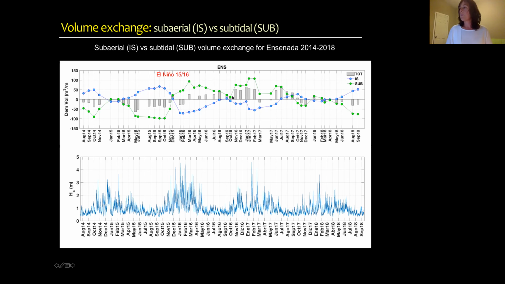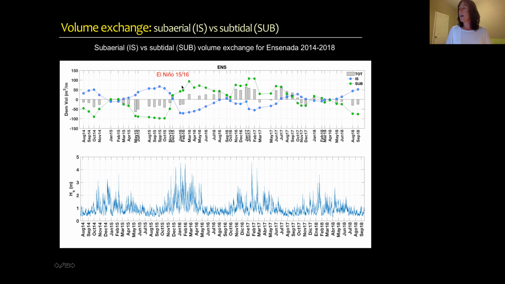And we see the El Niño event happening here, and how the beach lost a little bit more than 120, I think, cubic meters per meter. And that volume went offshore and contributed to the subtidal beach.